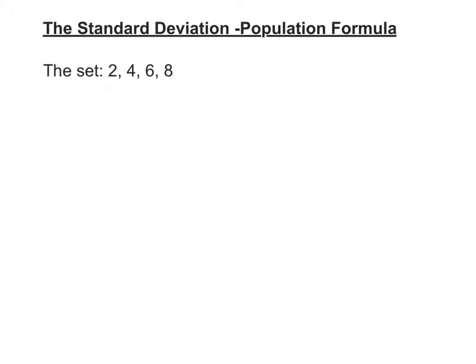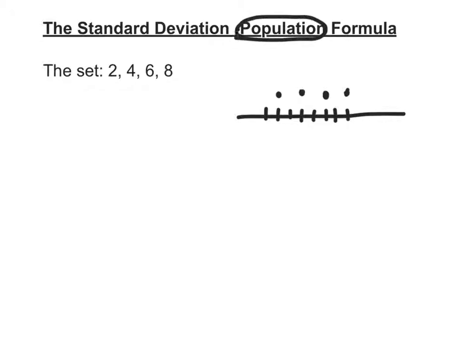Okay, so if we look at what this set looks like on a dot plot, there's 2, there's 4, there's 6, there's 8. So if I consider something on this set, let's look at the mean. And this is a population that we're looking at. So I'm going to look at the population mean.